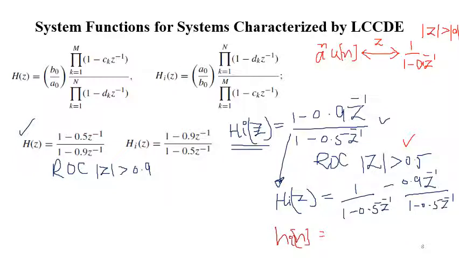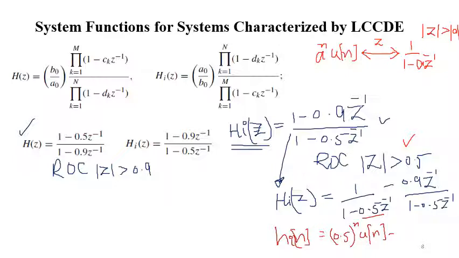So the overall is h inverse of n. The first term, for A equal to 0.5, is 0.5 to the power n, u of n. Minus, now for the second term, 0.9 is the scaling factor.